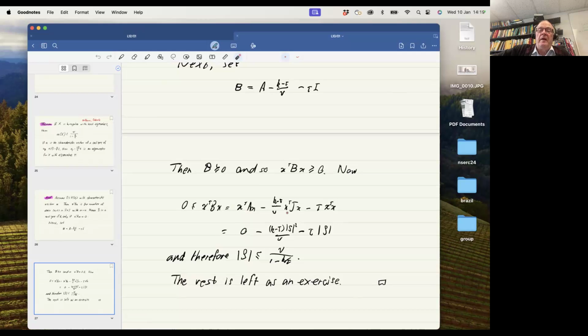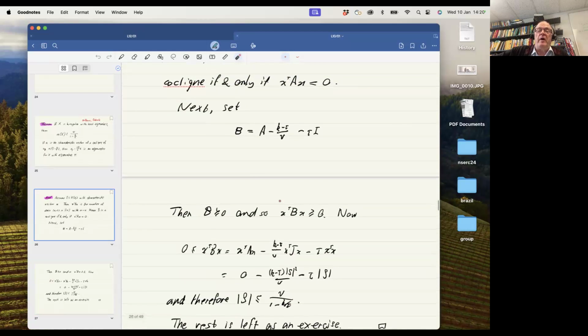The second term, well, X is a vector of 1s, and J is a matrix full of 1s, and so this is just equal to the size of S squared over v. And finally, X transpose X is equal to the size of S, so we get this sum being non-negative. And when you unpack that, you get the bound that the size of S is at most v over 1 minus k over tau.